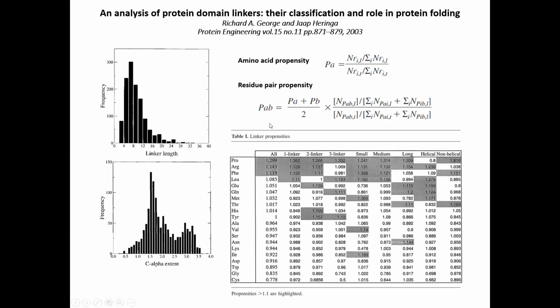Amino acid densities were then further calculated using this relation where PAB is the residue pair propensity to be found for a given peptide AB. PA and PB are the individual propensities calculated from this relation.